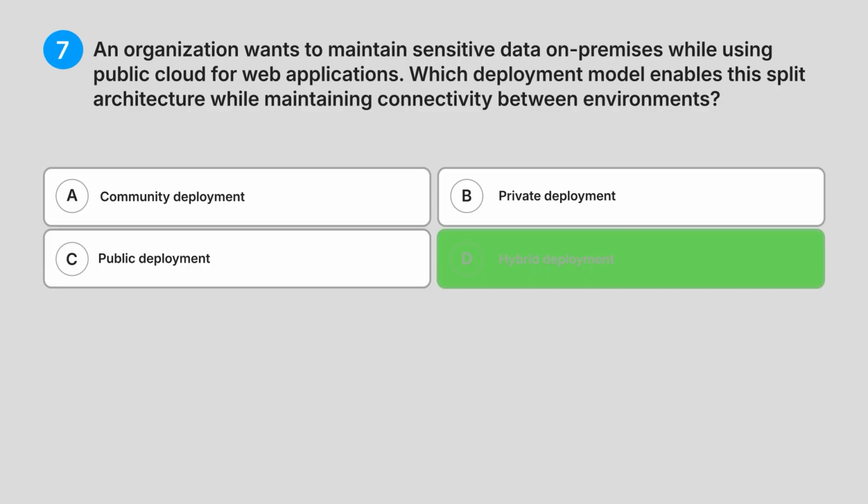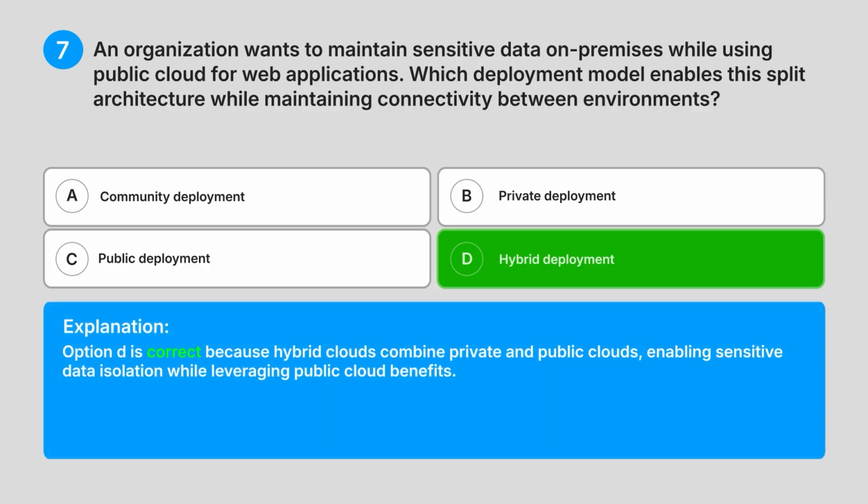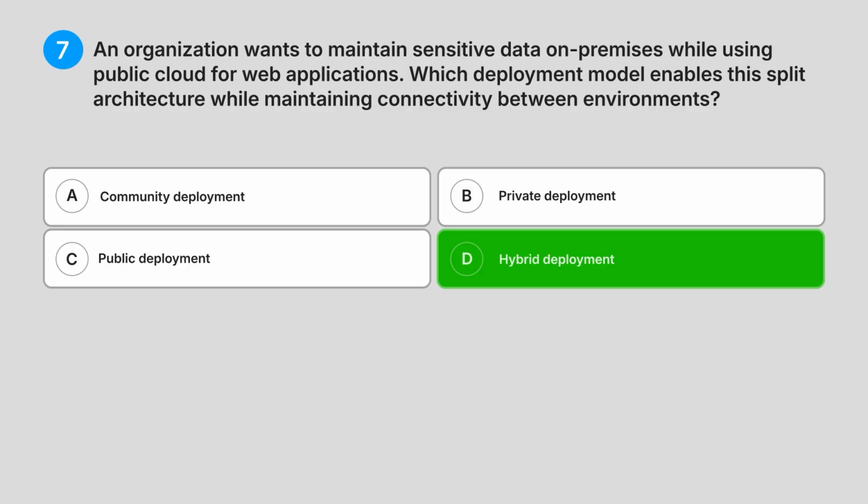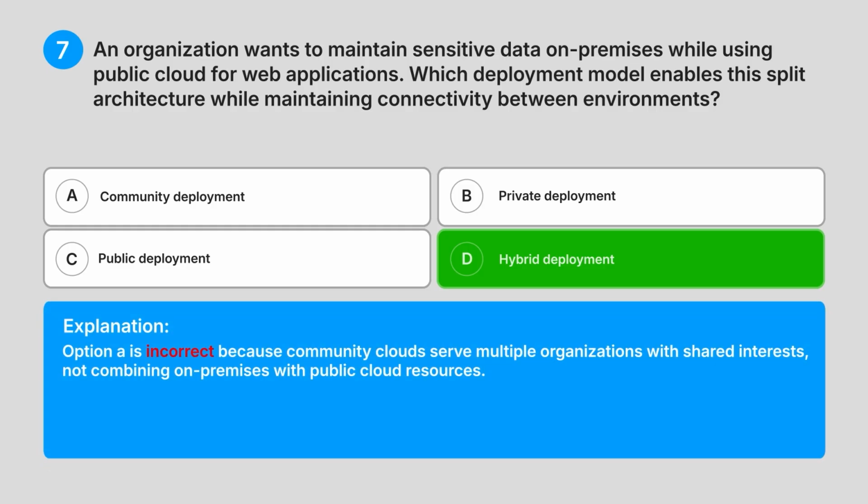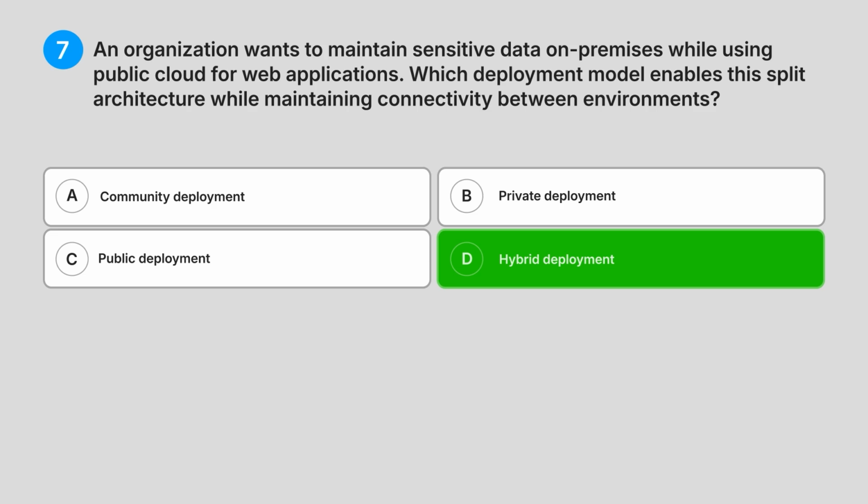Correct answer, D. Hybrid deployment. Explanation: option D is correct because hybrid clouds combine private and public clouds, enabling sensitive data isolation while leveraging public cloud benefits. Option A is incorrect because community clouds serve multiple organizations with shared interests, not combining on-premises with public cloud resources.